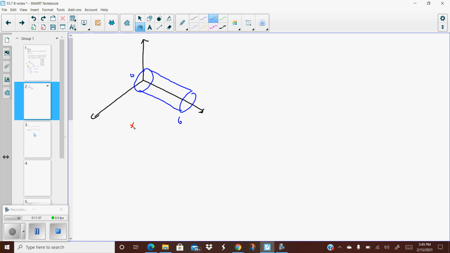If you were to kind of stand in the center of this thing and you turn it to the side, what you should see, and I should probably make this a little bit longer because this is going to be the zy axis, what you should see looks like a rectangle.